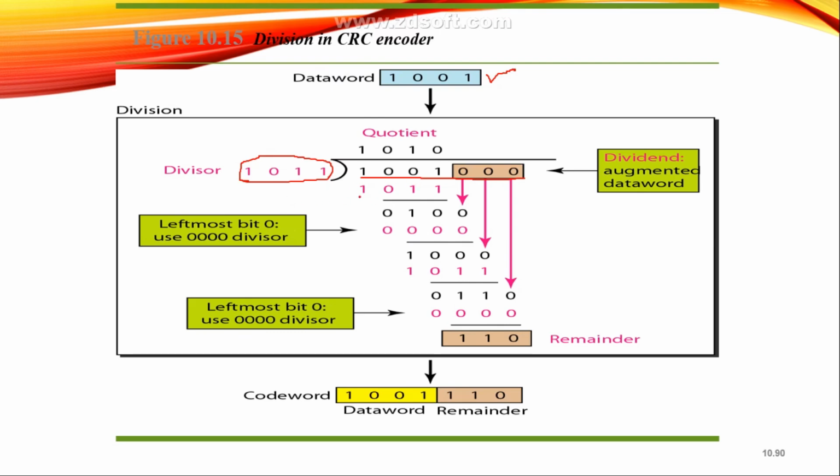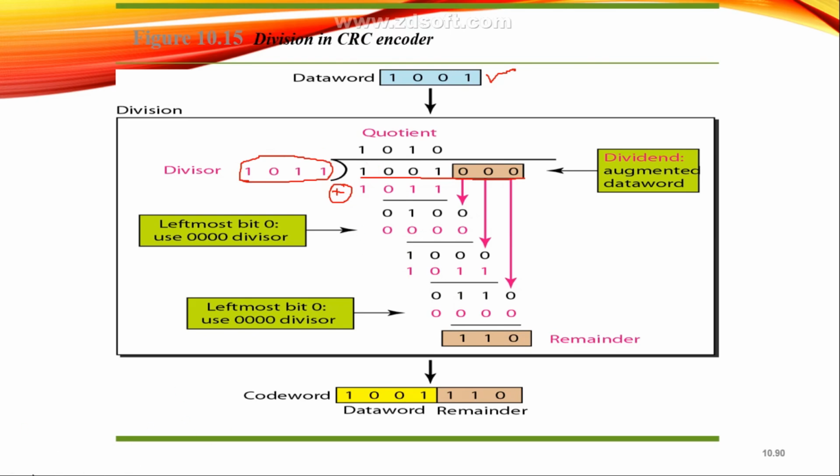You can see, we are going to make the XOR operation over here, since this is a modulo 2 division. So instead of subtraction or addition, we are going to do the XOR operation. Now see how we are going to do it.